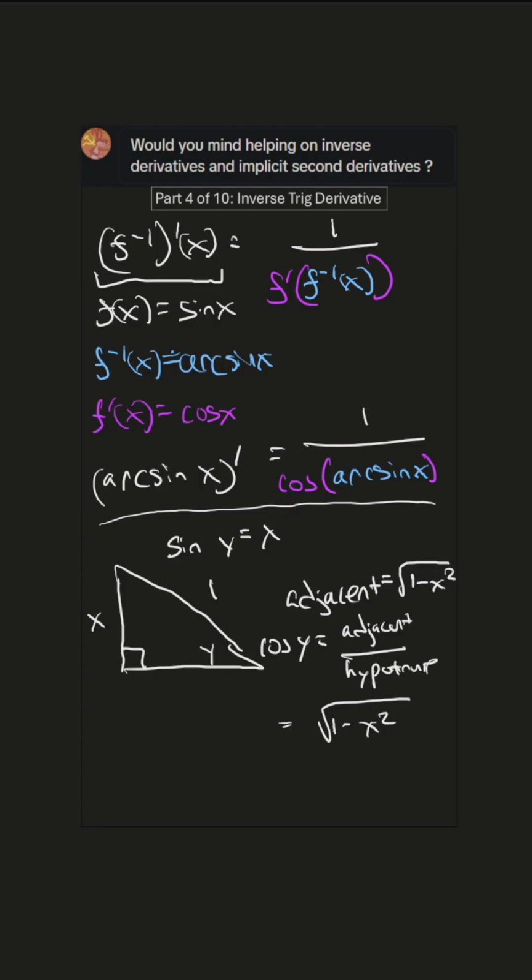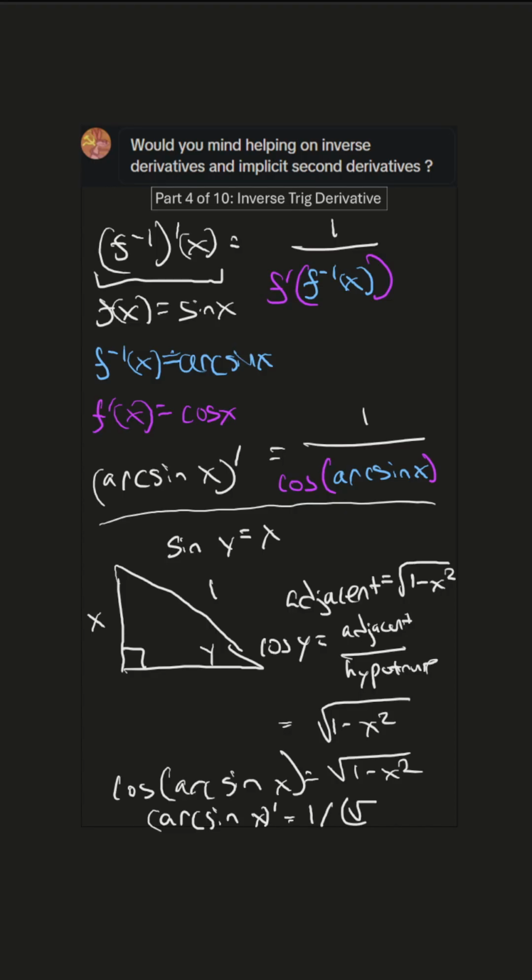And because y equals arcsine of x, we can say cosine of arcsine of x equals the square root of 1 minus x squared. So the final answer, arcsine of x prime equals 1 divided by square root of 1 minus x squared. There we go. Really, the easy part was using the formula, and then we just have to remember some trig identities to do that bottom part down there.